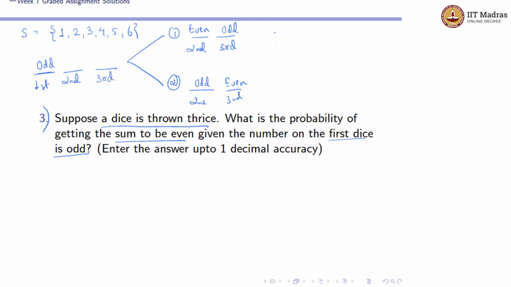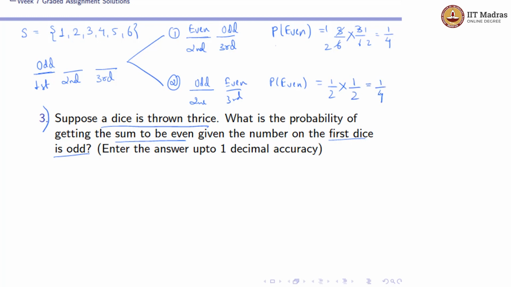So if we consider the first case, the probability of getting the sum to be even is equal to, for second throw even, how many numbers are even? So this is 3 by 6, into third throw odd, which is again 3 by 6. That is 1 by 2 into 1 by 2, so 1 by 4. In the other case, the probability is again going to be 1 by 4, since the probability of getting an odd number is 1 by 2 and the probability of getting an even number is again 1 by 2.